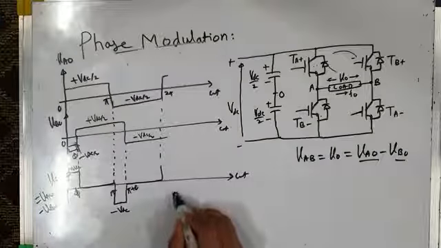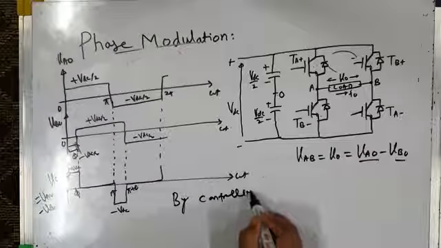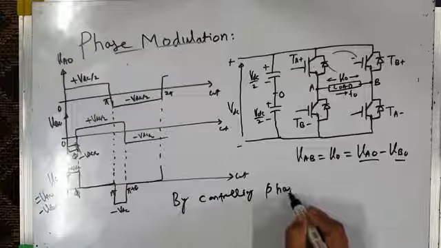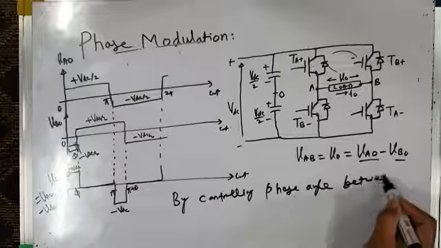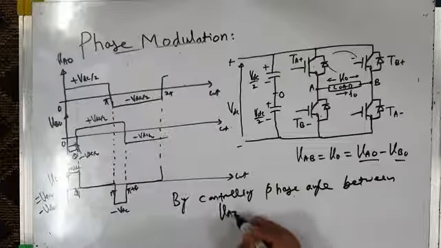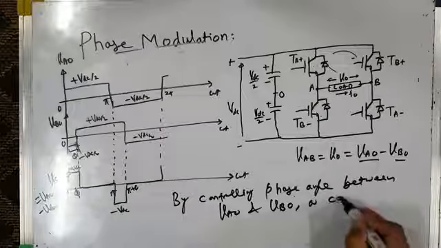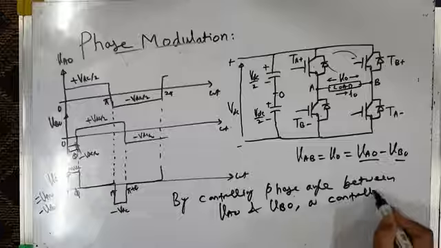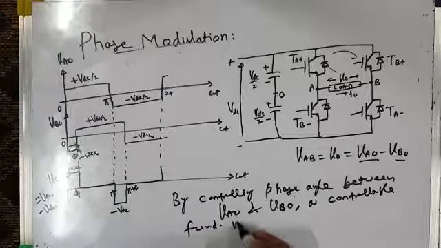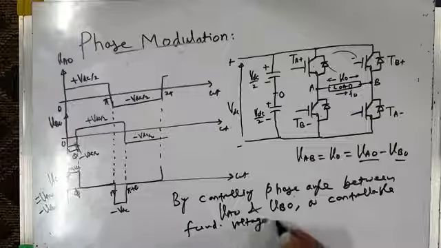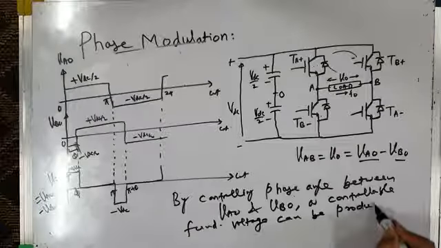So therefore by controlling the phase angle between the two pole voltages VAO and VBO, a controllable fundamental voltage can be produced across the load.